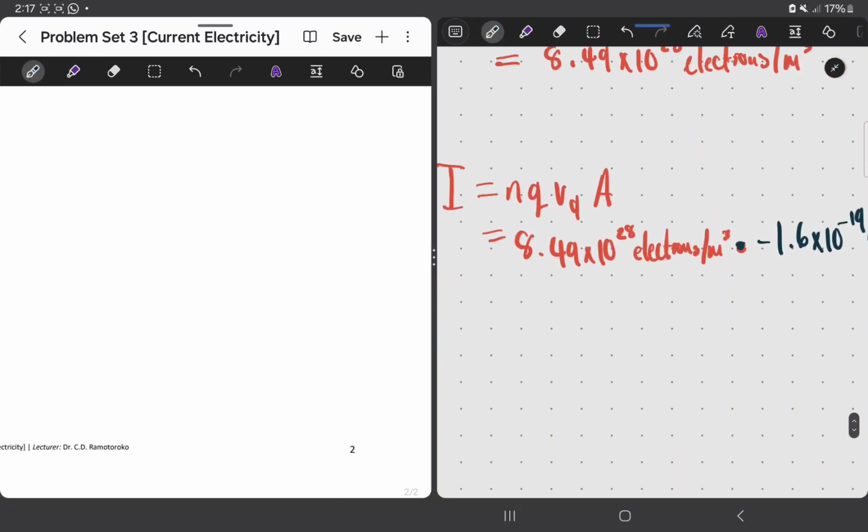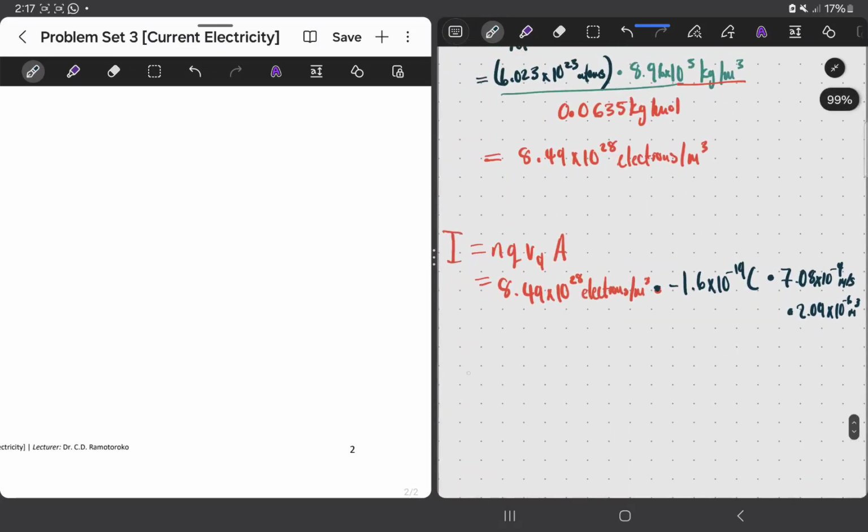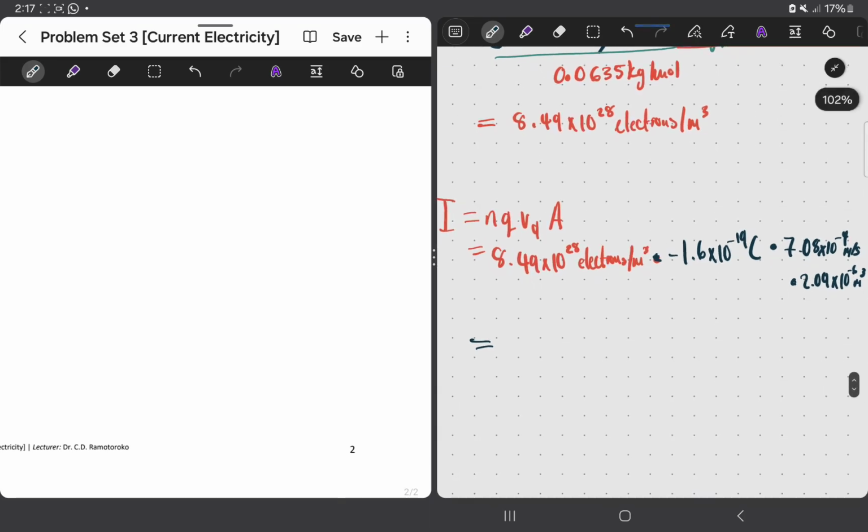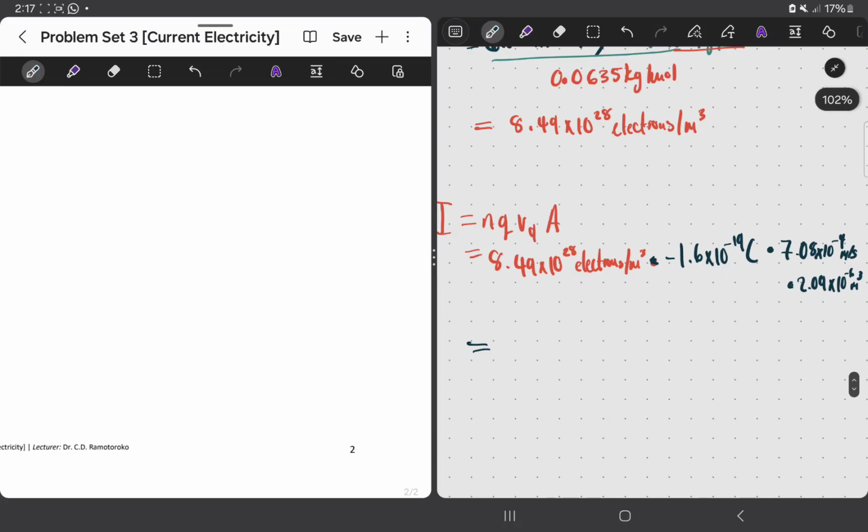When we multiply all this, we get our current: 8.49 exp 28 times negative 1.6 exp negative 19 times 7.08 exp negative 4 times 2.09 exp negative 6. What is the final solution? You must get 2.02, and this is going to be amps. Here's your final solution, your current, 2.02 amps.